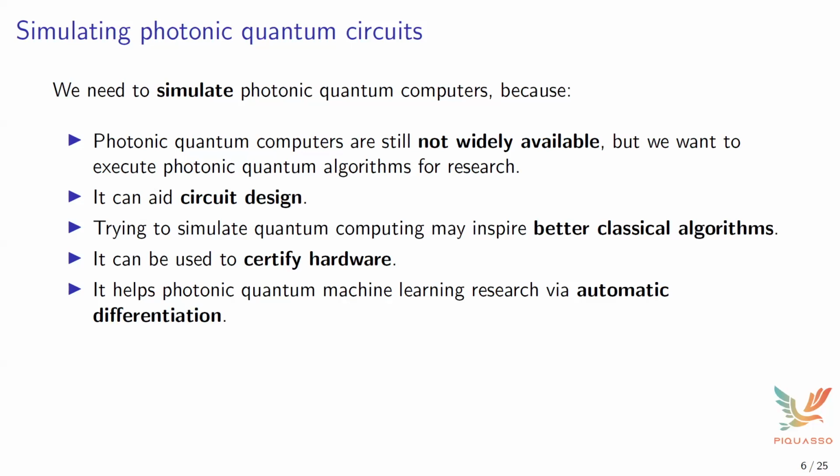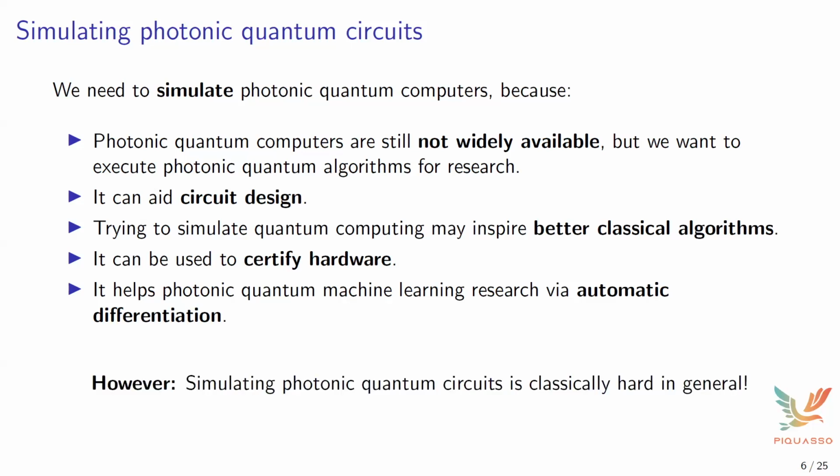So we want to experiment with them. Simulation can also aid circuit design and improve classical algorithms. It can be used to certify hardware, for example the hardware for quantum advantage schemes. And it can also help photonic quantum machine learning research via automatic differentiation.